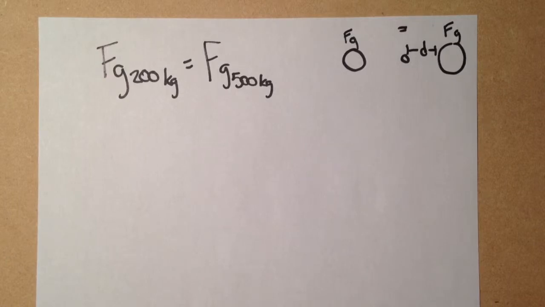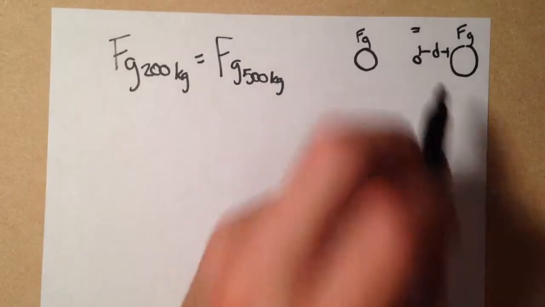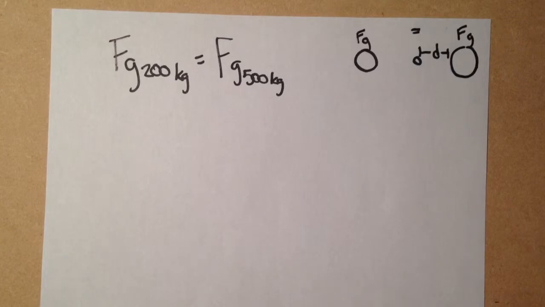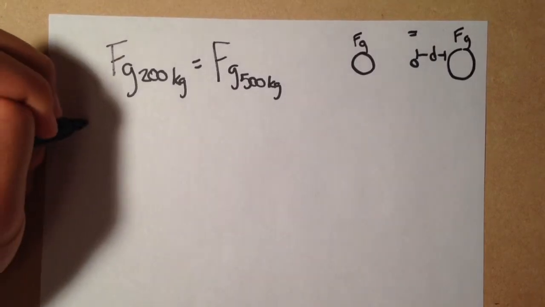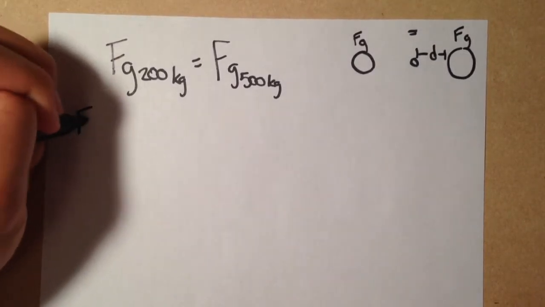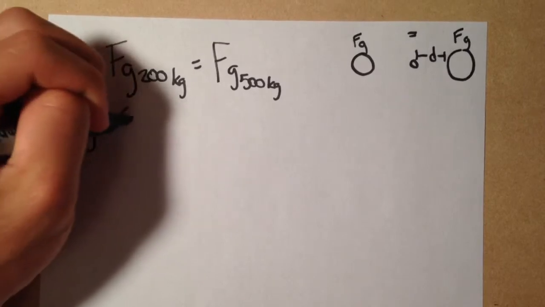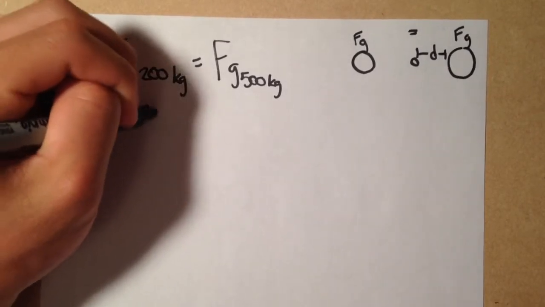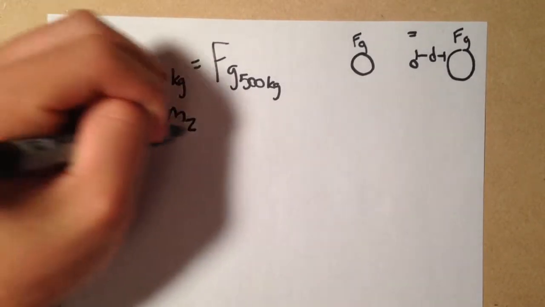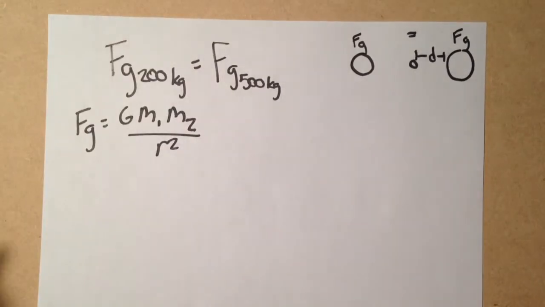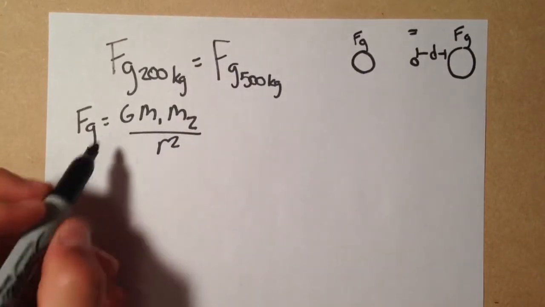So we can solve for d by using our formula again. The formula we're going to be using is Fg equals G m1 times m2 over r squared. And we're going to be using two of these.